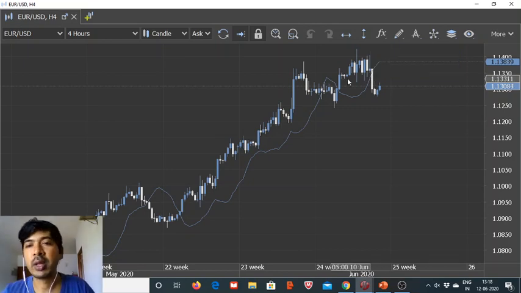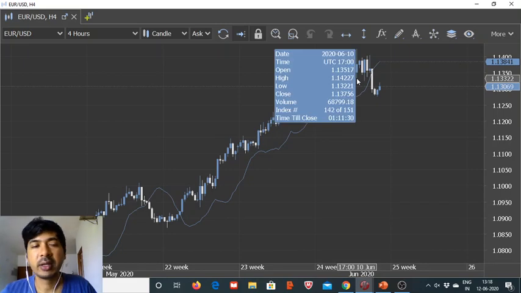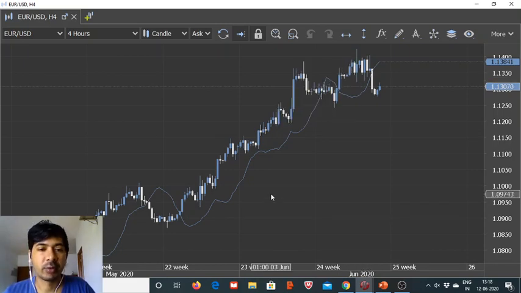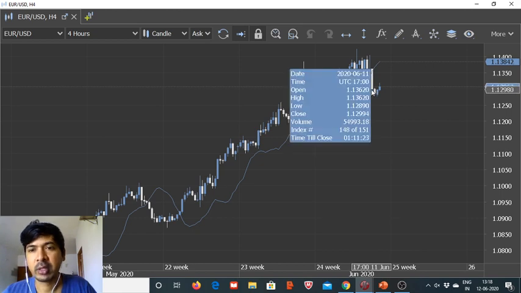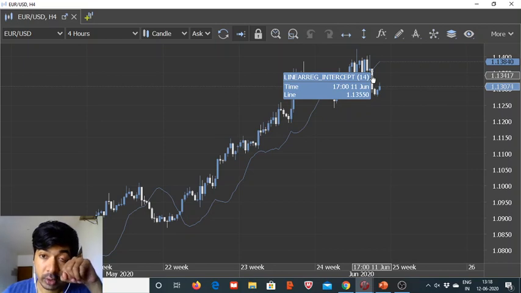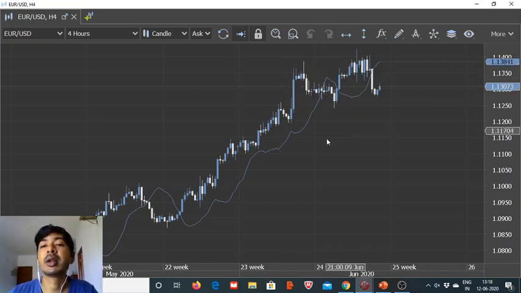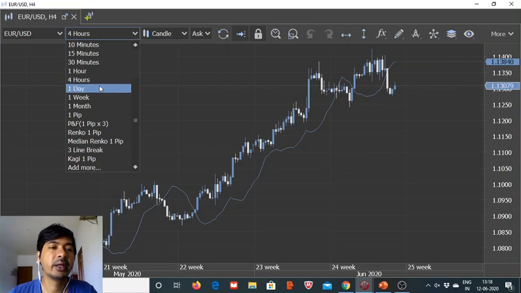So for 2 days, the conditions were conducive for the buy side trades to happen, and for sell side, we have these conditions in place after 17 GMT of 11 June. So here the candle has closed below this linear regression intercept, and now the sell side trades can happen provided the 1 hour conditions are in place.